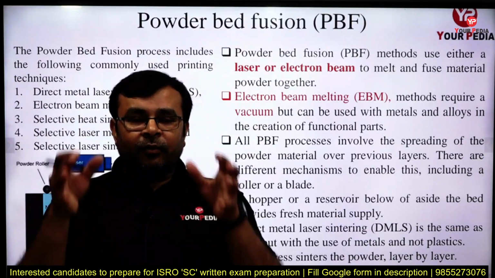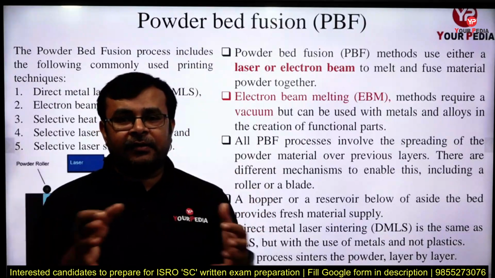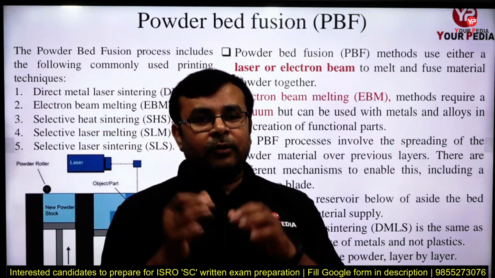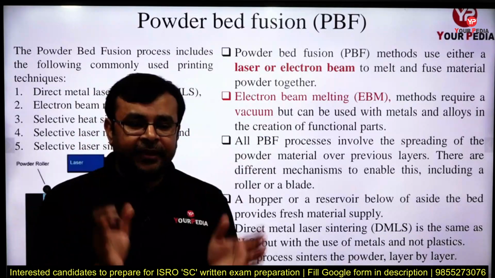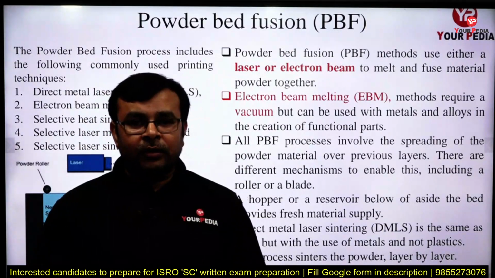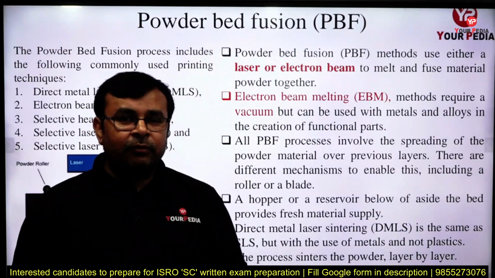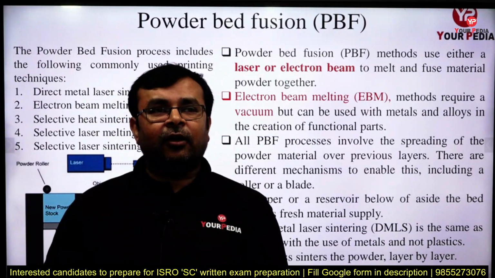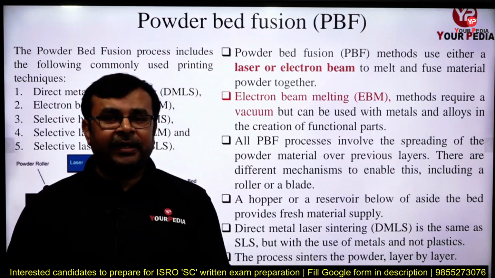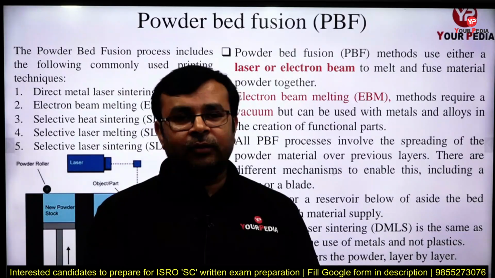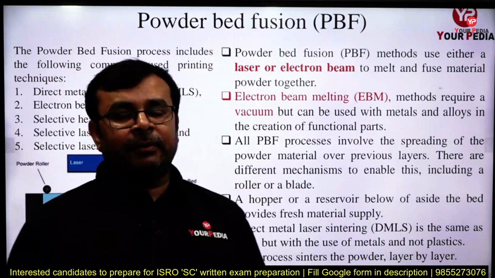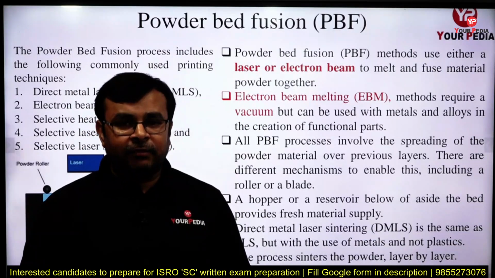And for controlling the electron beams, we have several electromagnets to concentrate that electron beam in a particular zone where we need to weld. You just concentrate the electron beam, and because of that heat the metal gets melted, and after melting obviously it gets solidified and then you get the joint. So this is the principle of the electron beam welding process.